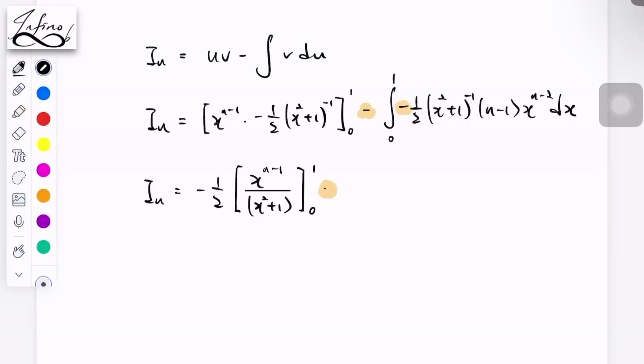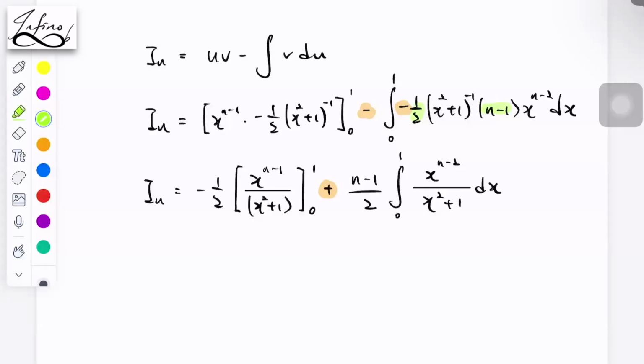The constant n minus 1 over 2, I can take out, so n minus 1 over 2, integration from 0 to 1, and the numerator is x^(n-2) over x squared plus 1 dx. Then this was just the green part.